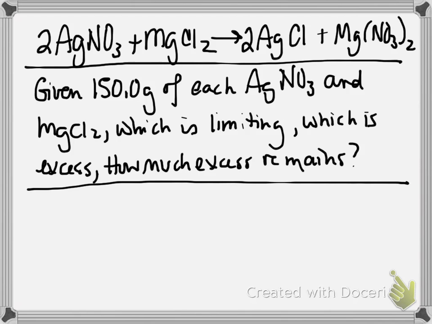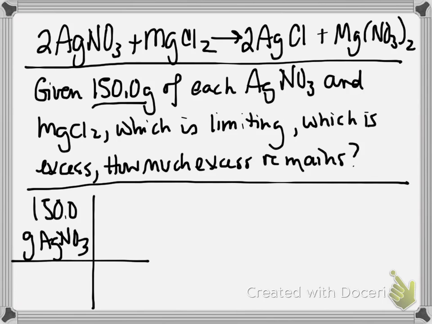Okay, so to do this, the thing to remember is that you can run a ratio between any two things in this equation. And here you're comparing the two reactants, so you want to run your ratio between the two reactants. Does it matter which one you start with? No. I tend to just start with whatever's first. So I'm going to start with my silver nitrate, and I'm going to start with my given like I always do.